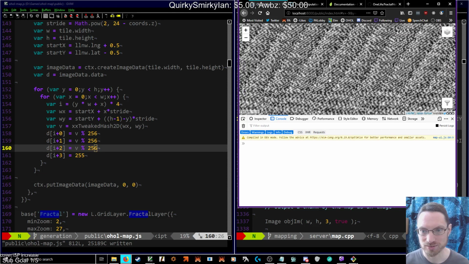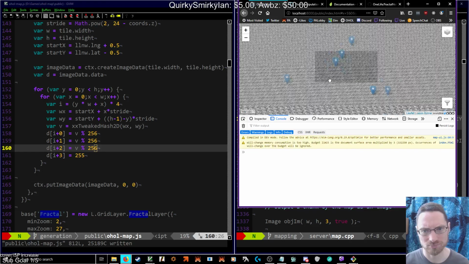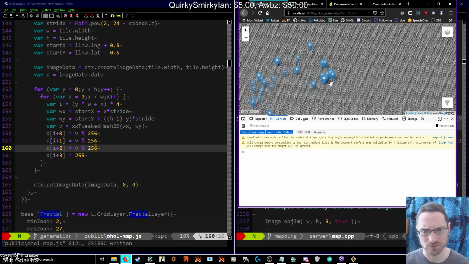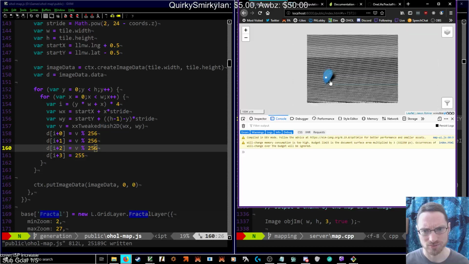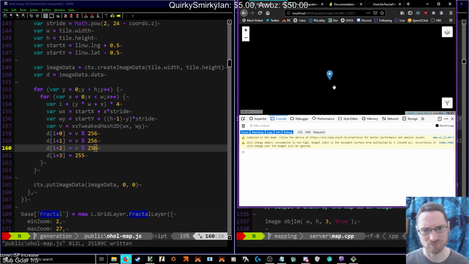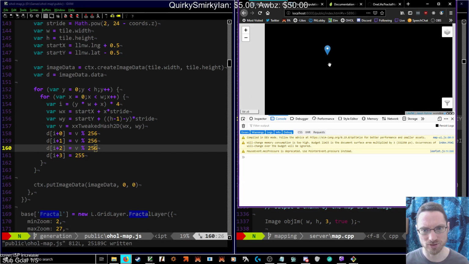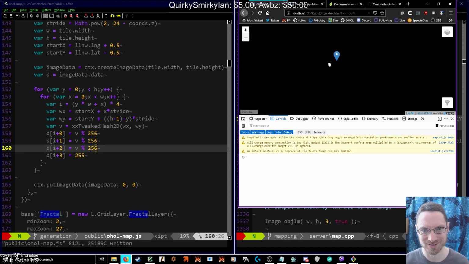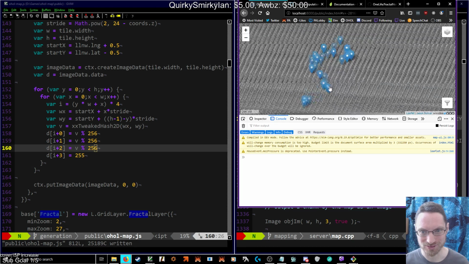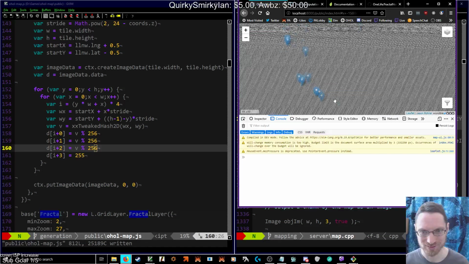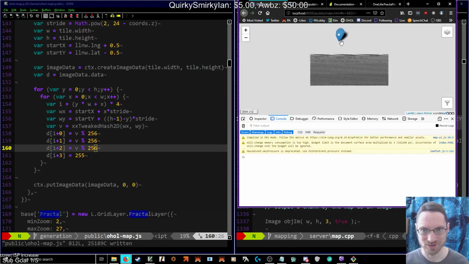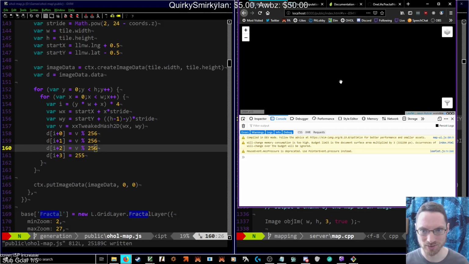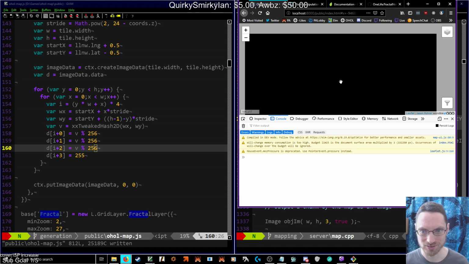Okay, so yeah, are we getting worldwide variation here? Okay, well, it seems to break down at a certain point. This might be floating point precision. So if I zoom in on that black area, no, that's not good.